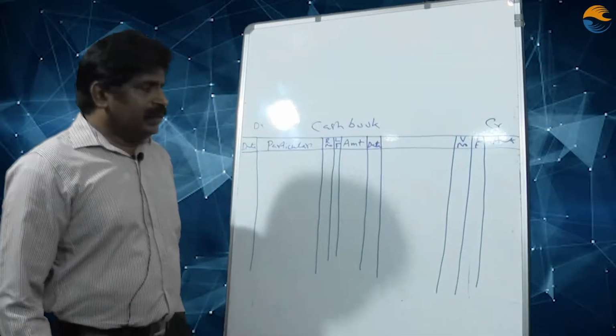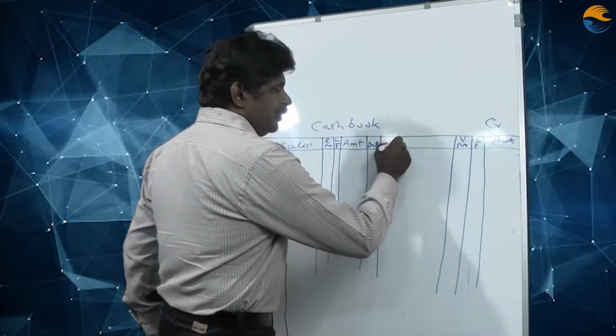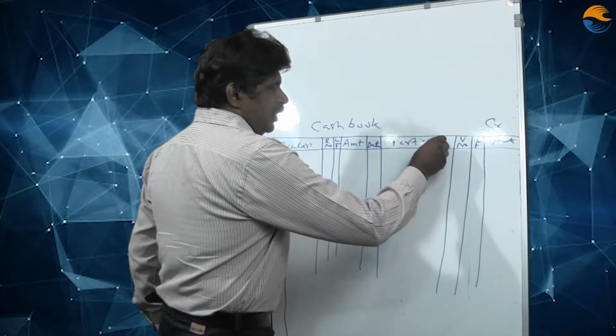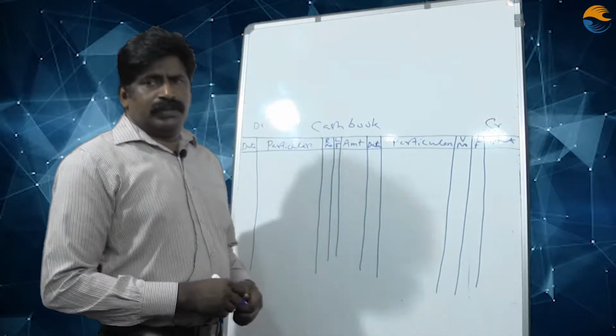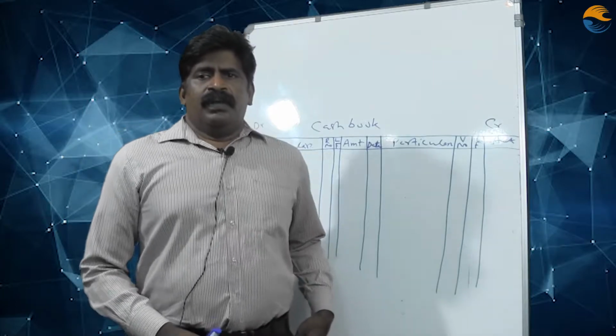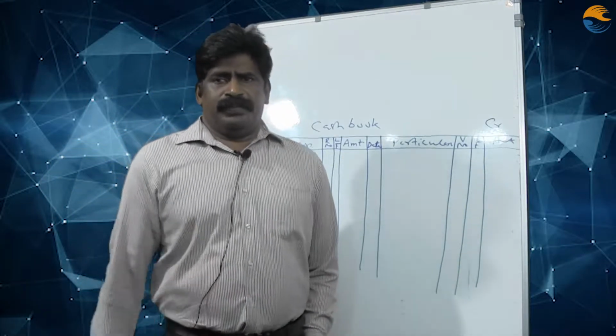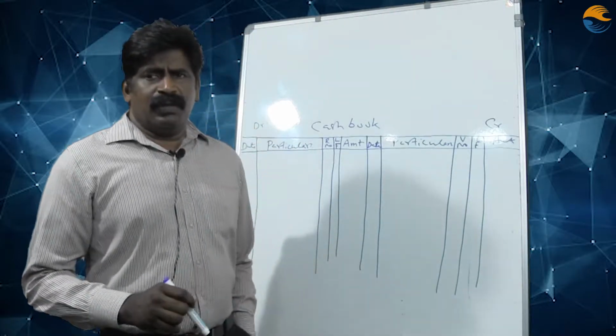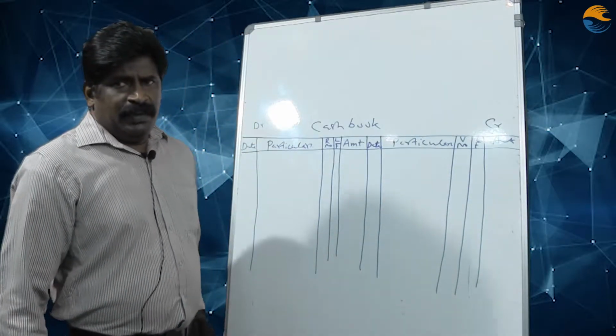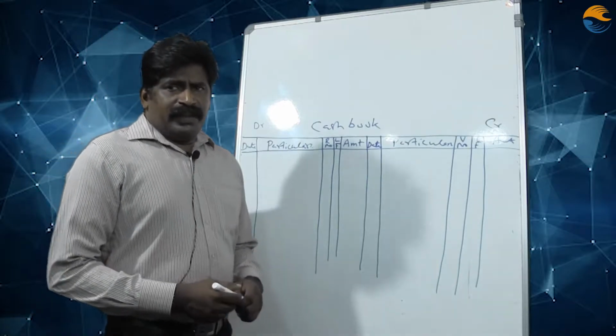These are the columns. The large column is called particulars column. How to enter transactions in this single column cash book? The procedure is like this.